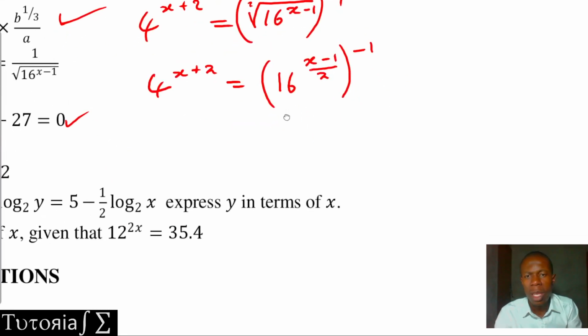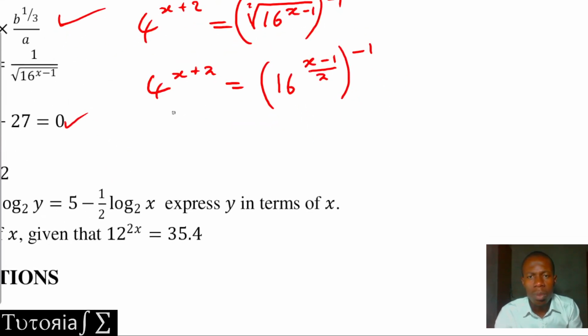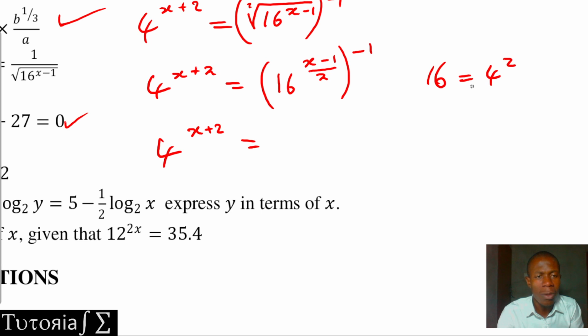Let me just move here. Then this is 4 to the power x plus 2. We can make these bases the same. So if we want to make the bases the same, we can simply say 16 is equal to 4 to the power 2. That is 4 times 4 will give us 16. So this is 4 to the power 2.